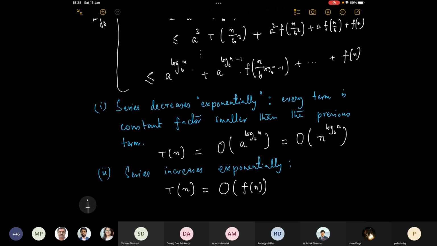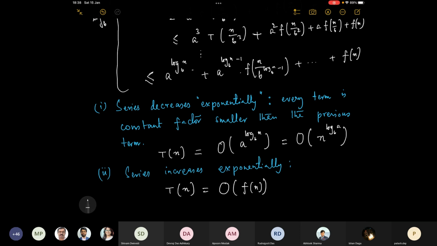And we are assuming that a series is called exponentially increasing if every term is a constant factor higher than the previous term. So if every term is a constant factor higher than the previous term, then which term is the highest term? The last term, right?